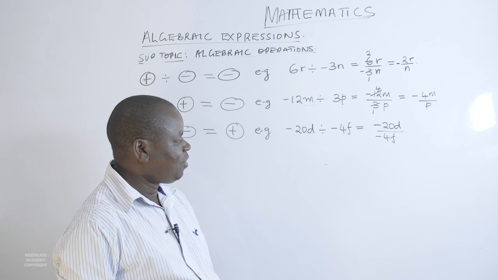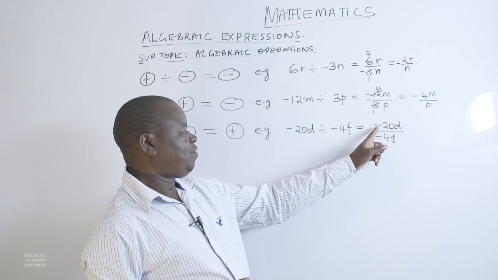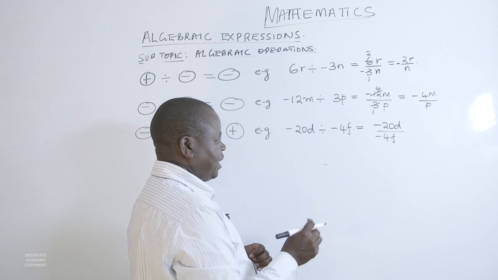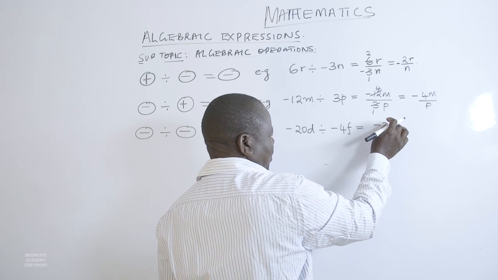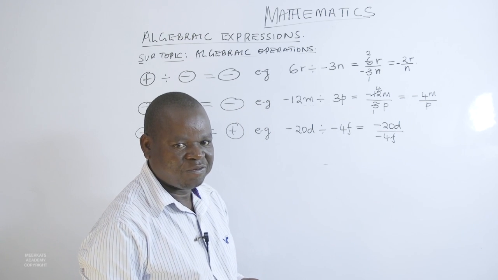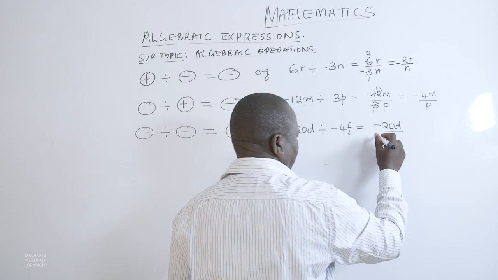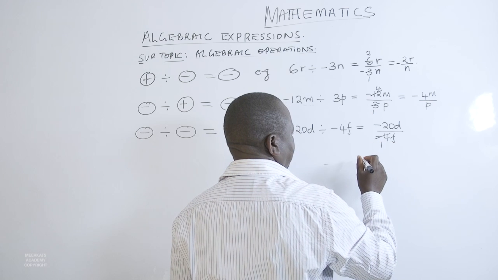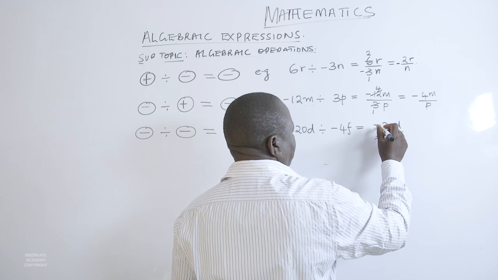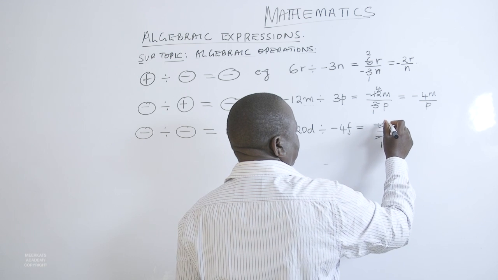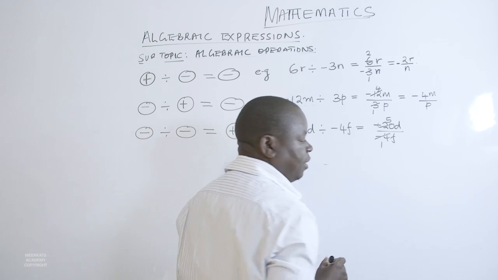And because we have a negative divided by a negative, the highest common factor between negative 20 and negative 4 is negative 4 itself. So divide negative 4 by negative 4, you get 1. Divide negative 20 by negative 4, you get 5.